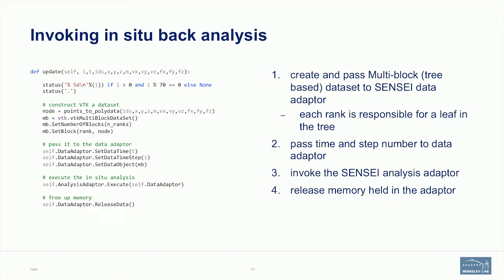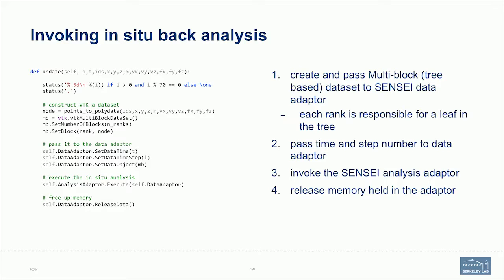Poly data is optimized for rendering, versus unstructured mesh is a little bit heavier weight and doesn't render as fast. So poly data is essentially an unstructured mesh. You can have points, triangles, lines, and strips. So for this simulation, all I have are these bodies that have these positions. So I'm using the poly data as points.